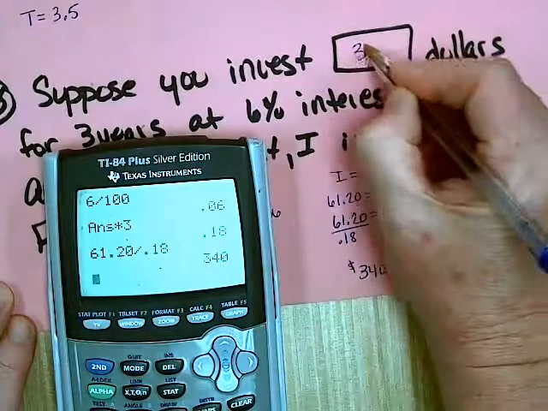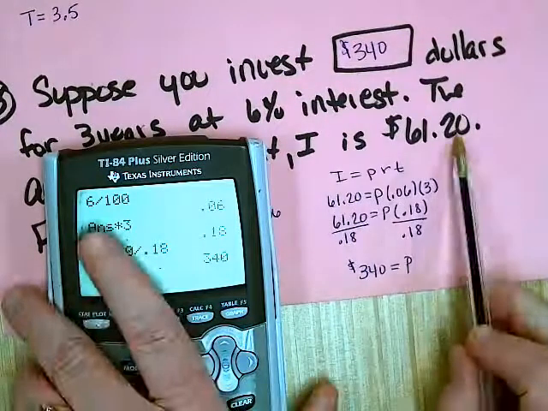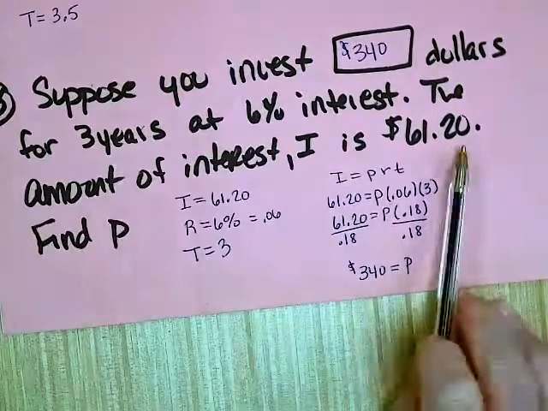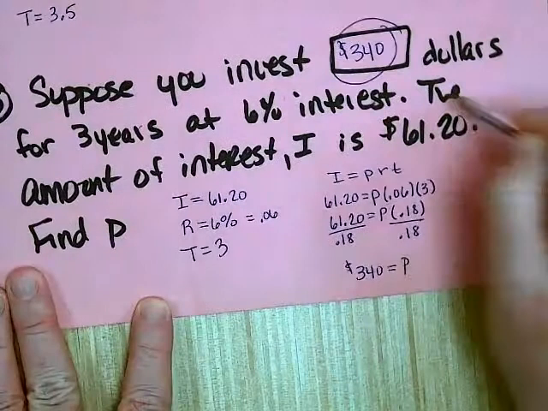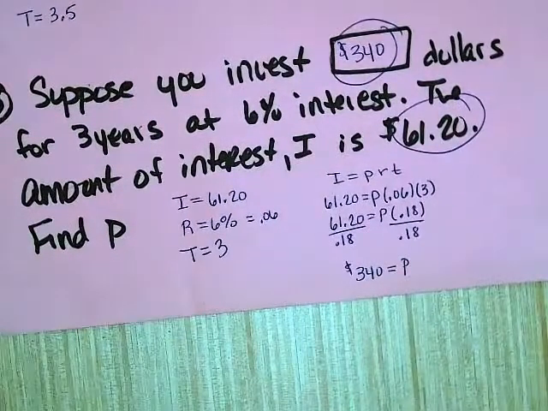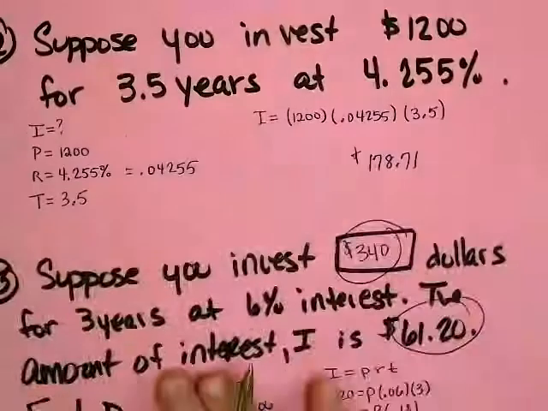So I started with $340, and they paid me $61.20 in interest for leaving it in their bank for 3 years. If I want to know how much I have at the end of that time, then I just add those two together. Okay, you can stop the video and you can do the second problem on your handout.